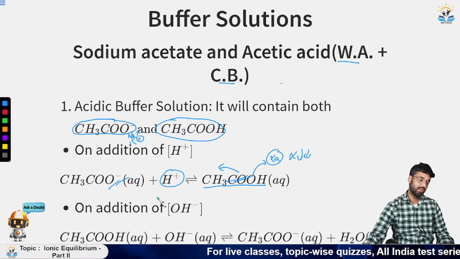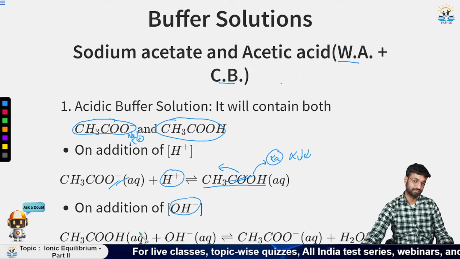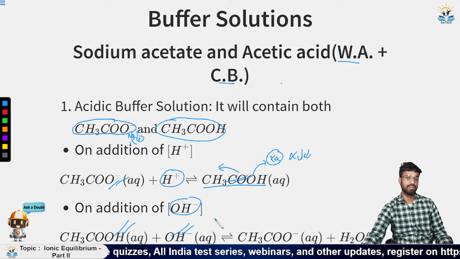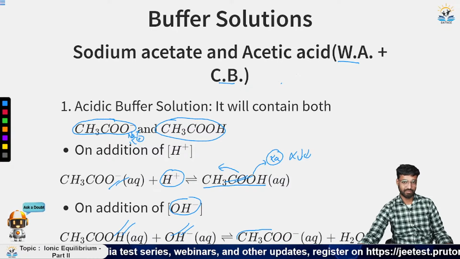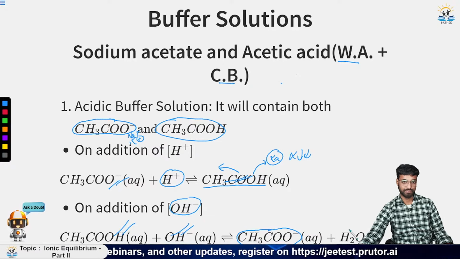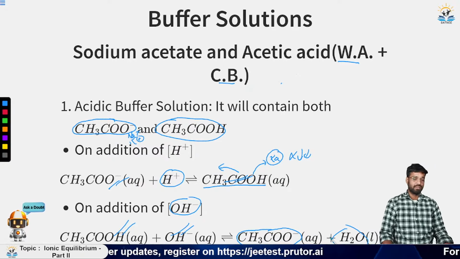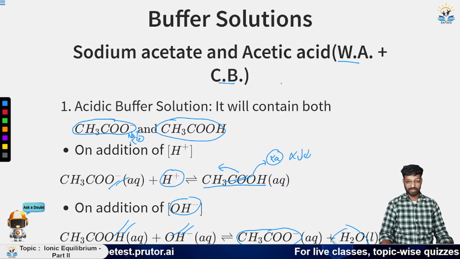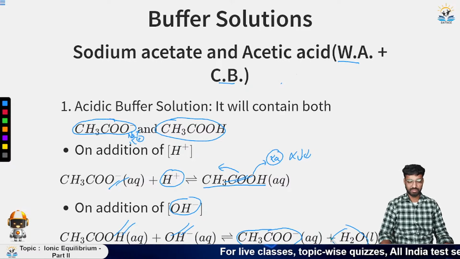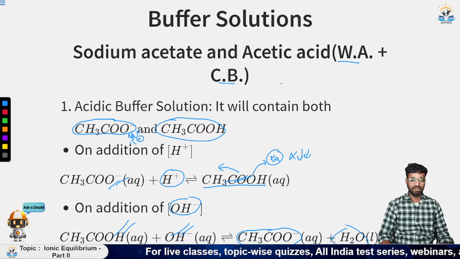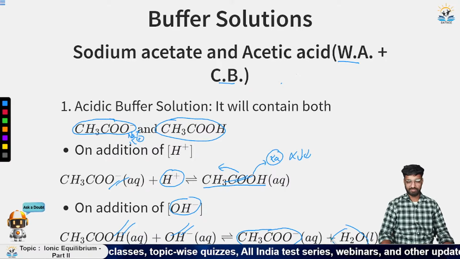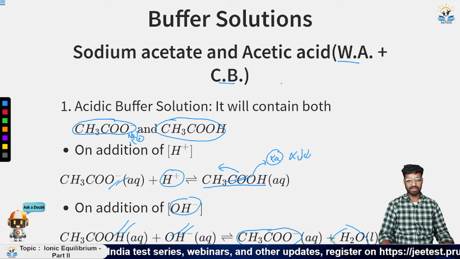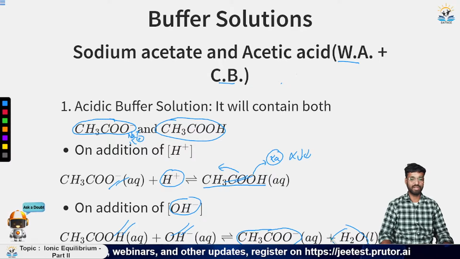Now suppose we add OH minus ion. This OH minus will react with the acetic acid to form CH3COO minus and H2O. You can see very clearly that we are getting CH3COO minus, which will be present in the form of the salt, and the OH minus that we added is consumed completely.